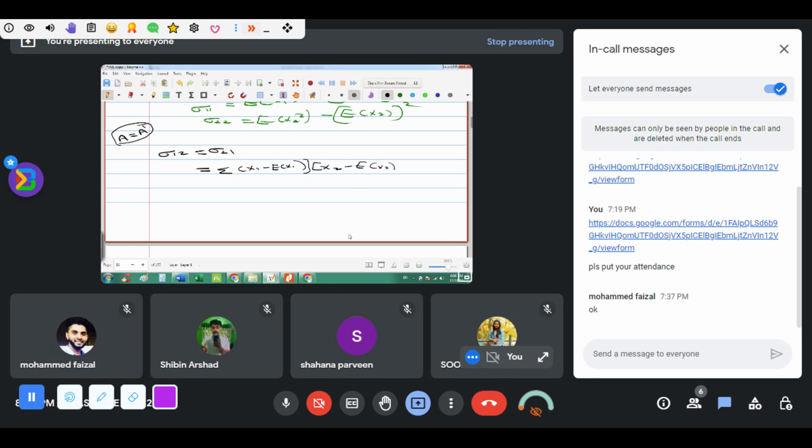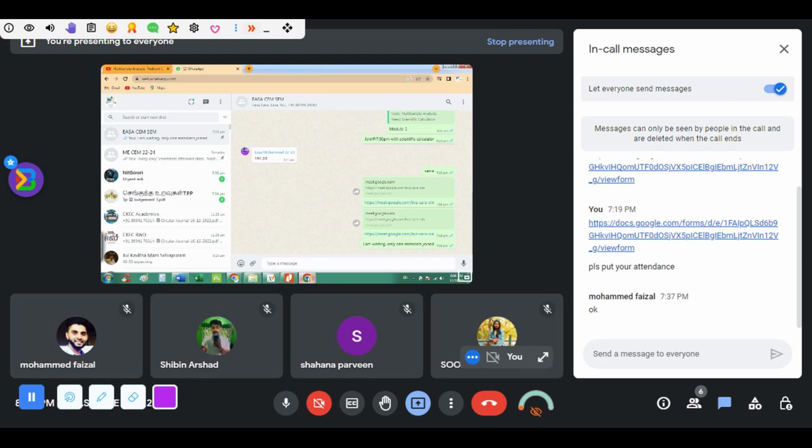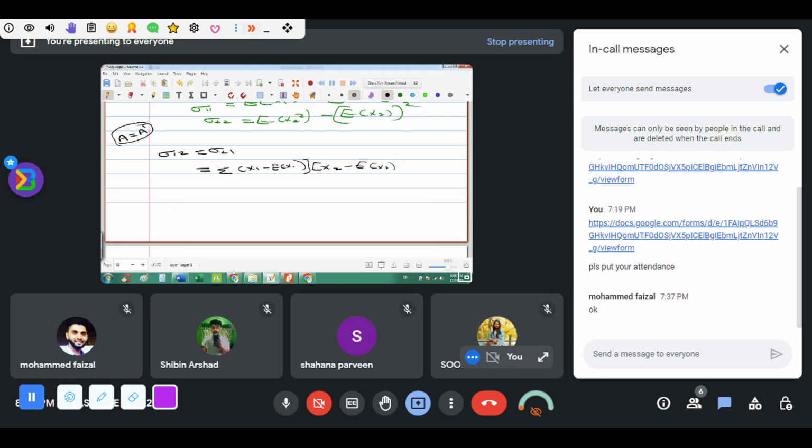That is, E of x1 minus E of x1, into x2 minus E of x2.